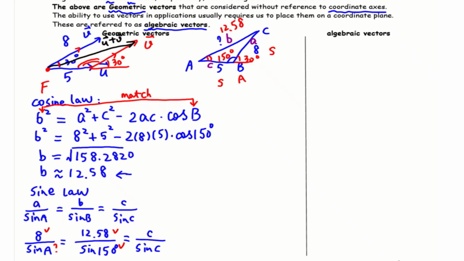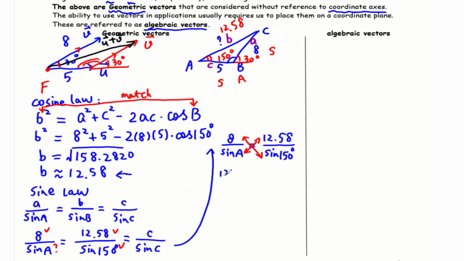And so continue here. 8 over sine angle A equals 12.58 over sine 150 degrees. You don't have to write this one if you know the first two are going to be used. Then in order to find sine A, we could do the cross multiply. Why do we do it? Because we don't want to see the denominator.